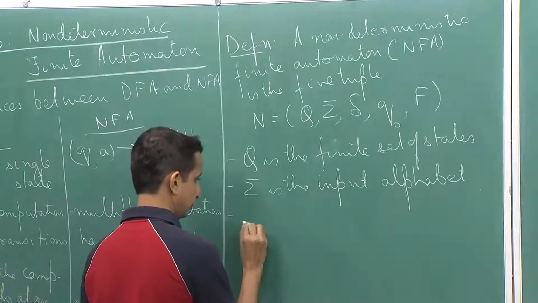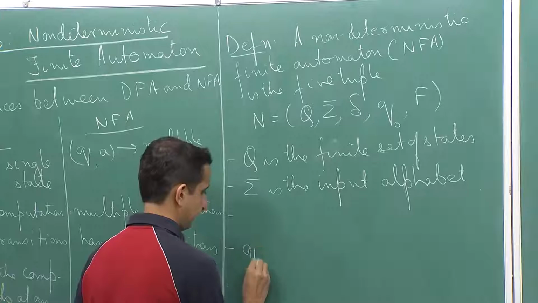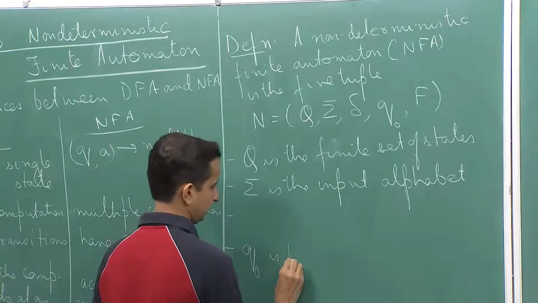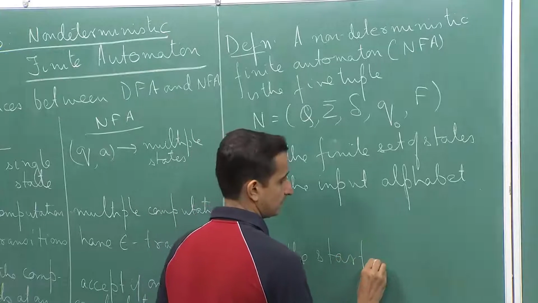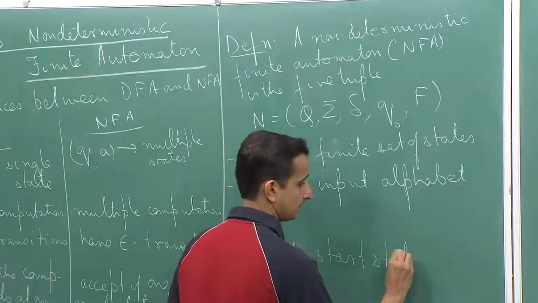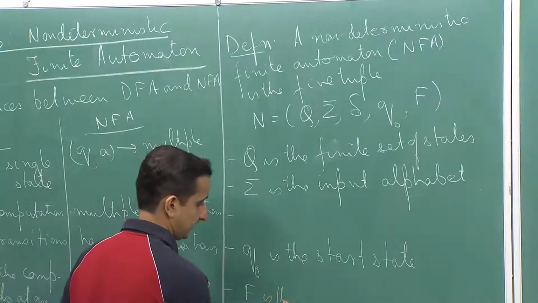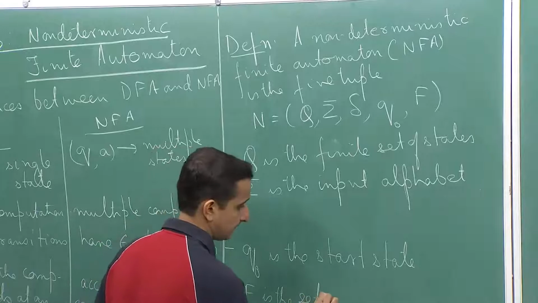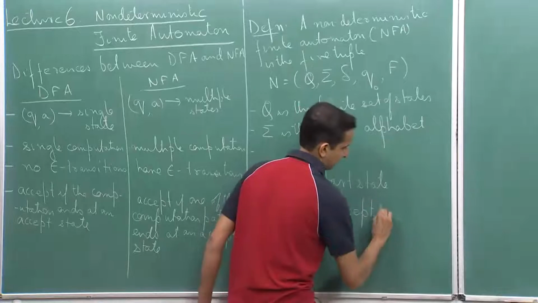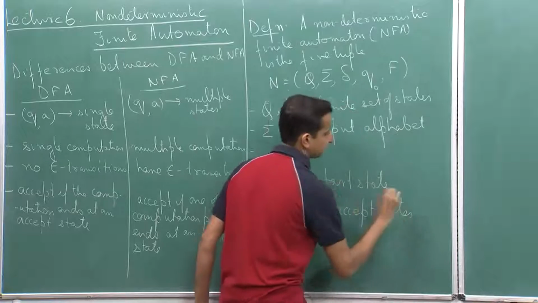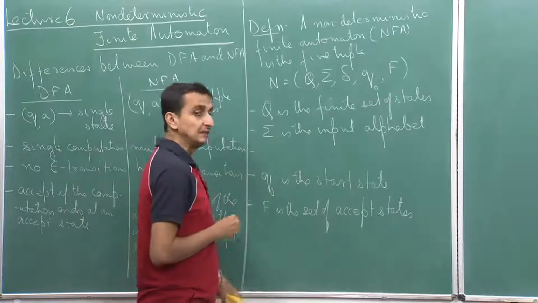I will come to the transition function in a moment. Q naught is the start state and F is the set of accept states.